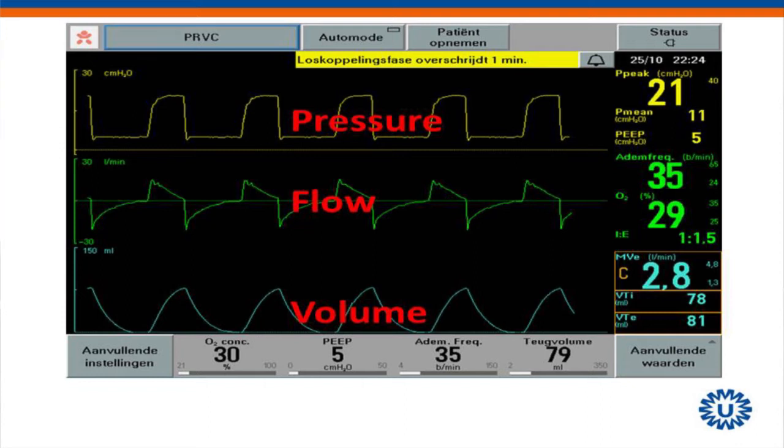But how can you see on your screen that this is pressure controlled, since your volume curve is also identical on every breath? You can see it because the pressure is constant and flow is decelerating. Daniela told this morning that when you are using volume controlled ventilation, the flow is constant and the pressure is a ramp.